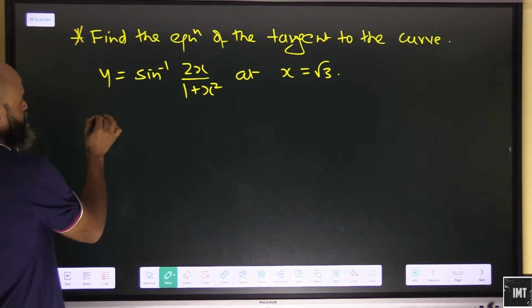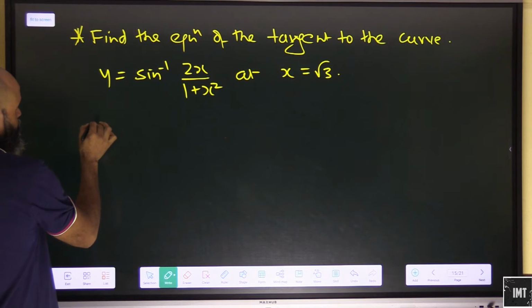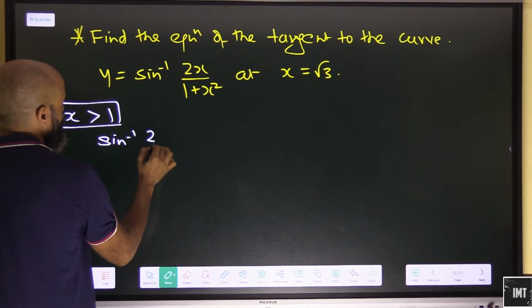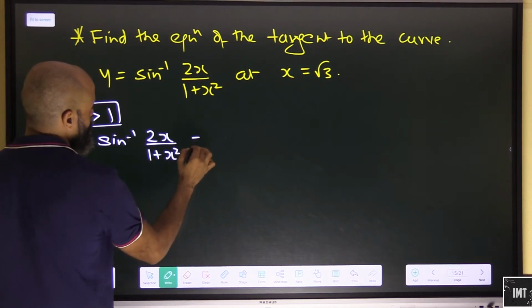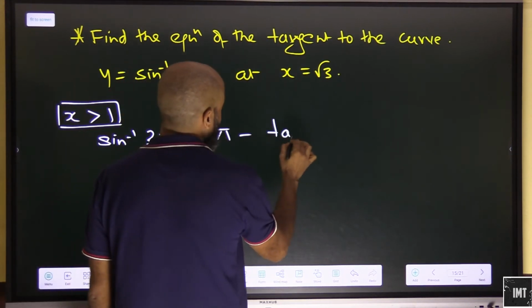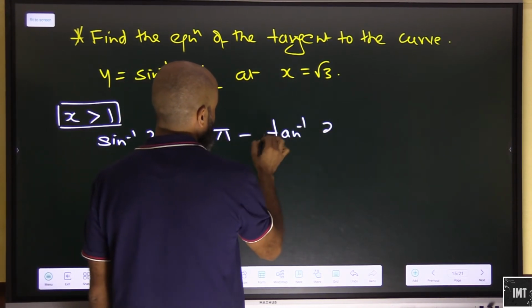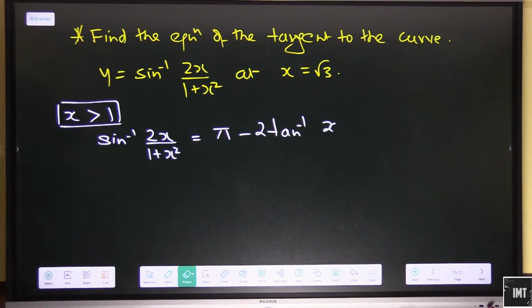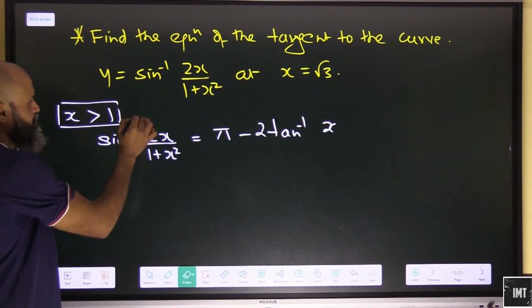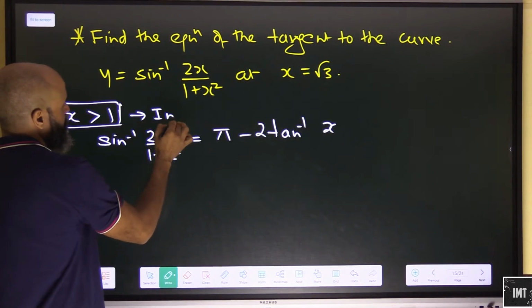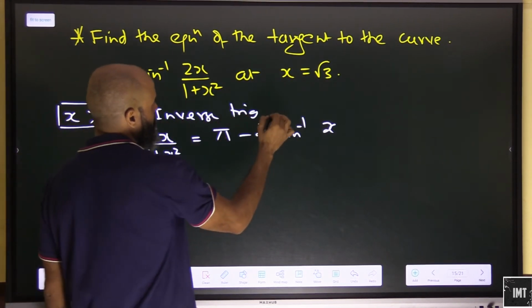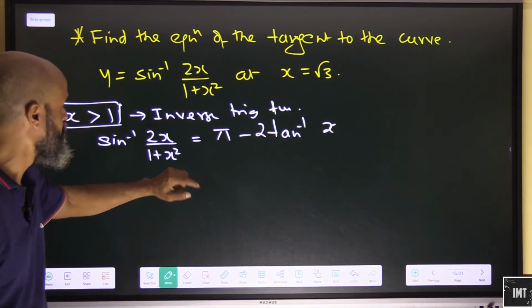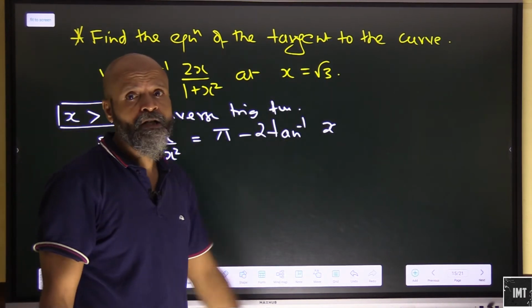Now we know that when x is greater than 1, sine inverse of 2x by 1 plus x square is equal to pi minus 2 tan inverse of x.